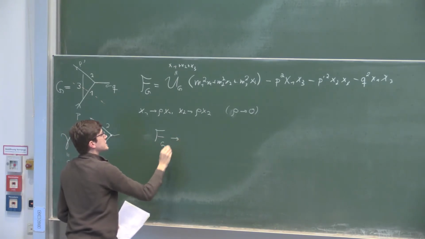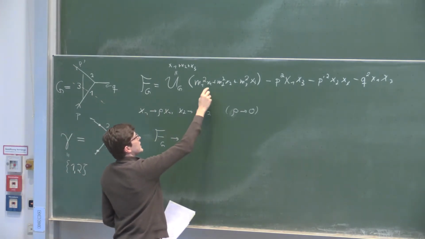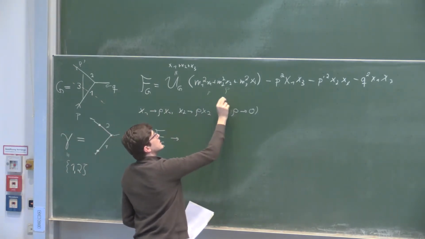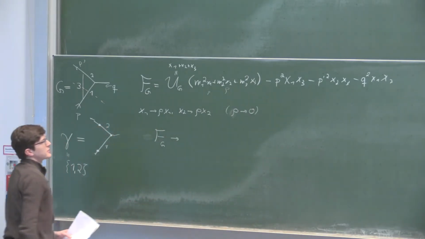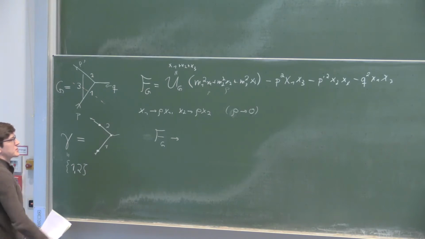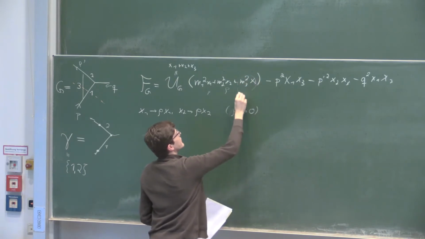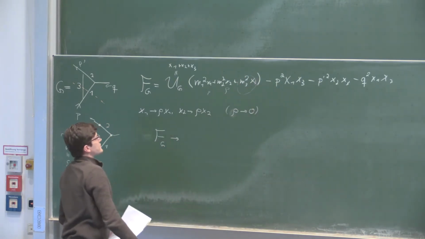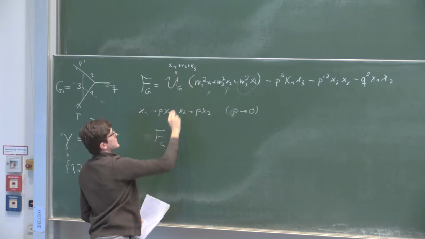So what happens? Well, every x1 gets a factor of rho. x3 does not get a factor of rho. So somehow x3 is a term that remains. Everything which is x1 or x2 vanishes in comparison to x3. So in this limit, we only have to keep x3 here. And also from here, x1 and x2 vanish in comparison to x3.